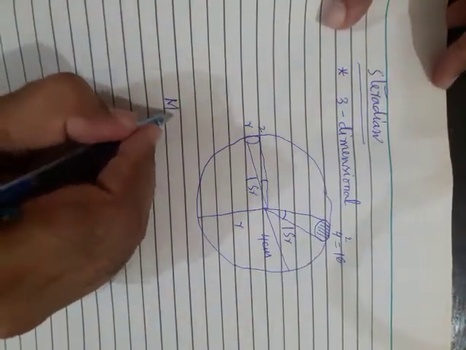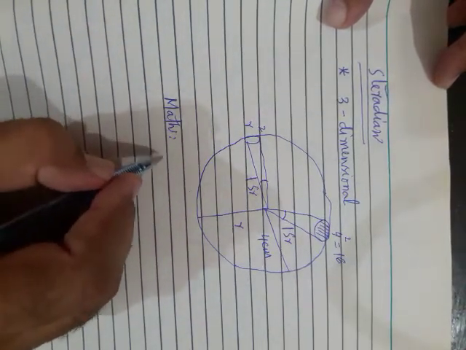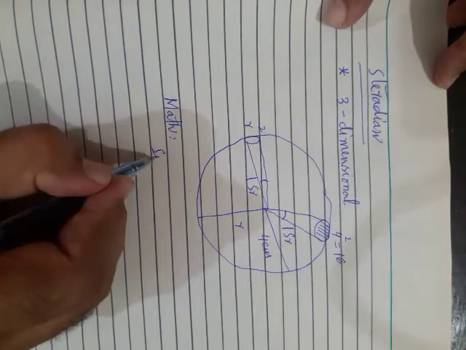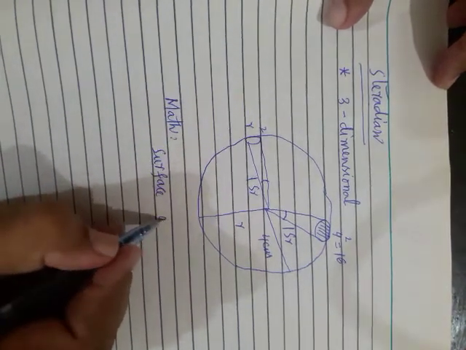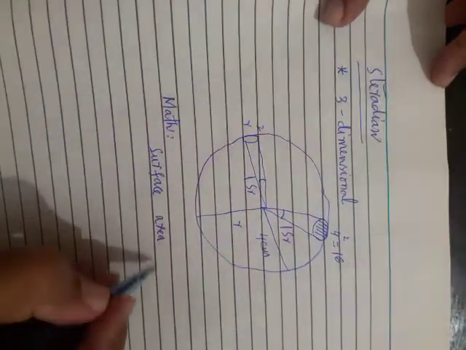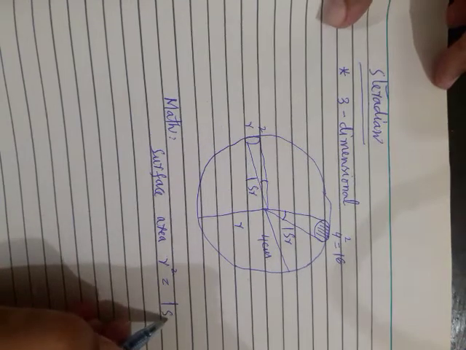Mathematically, we can write surface area r square makes 1 steradian.